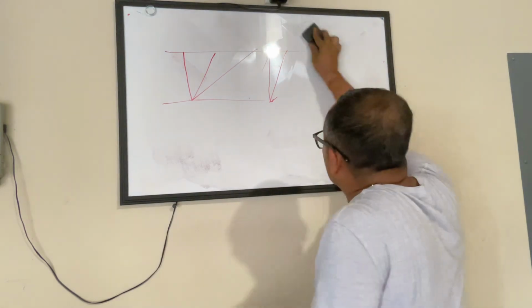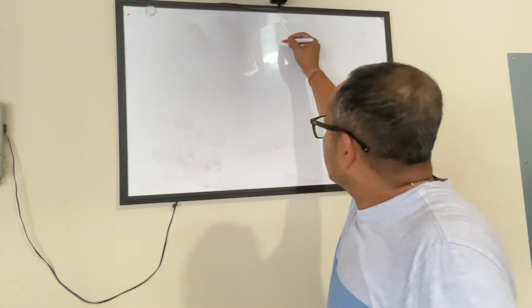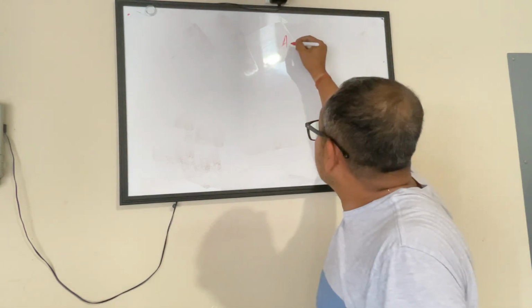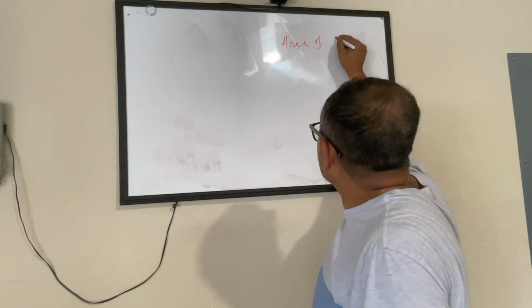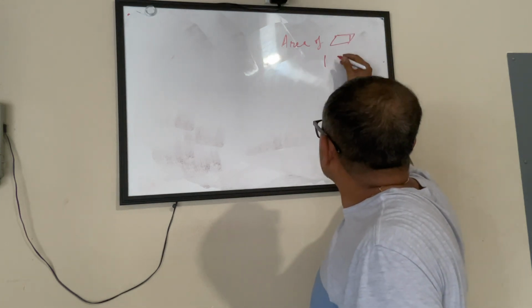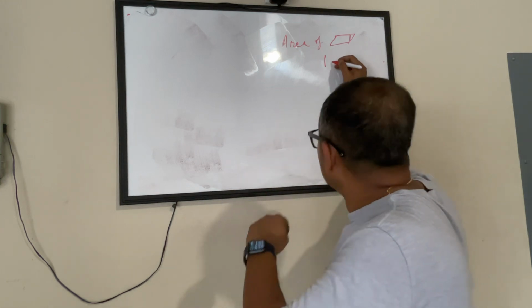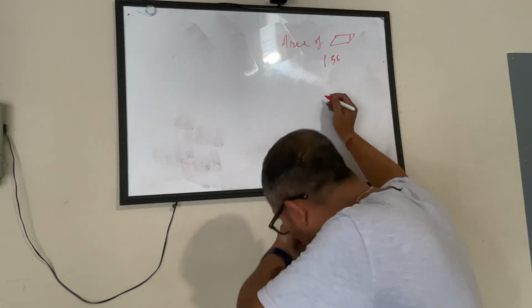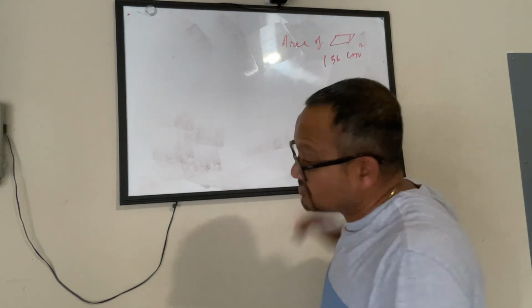So I can tailor that question a little bit. Now let's solve it. Area of a parallelogram is, let's say, 156 centimeters square.